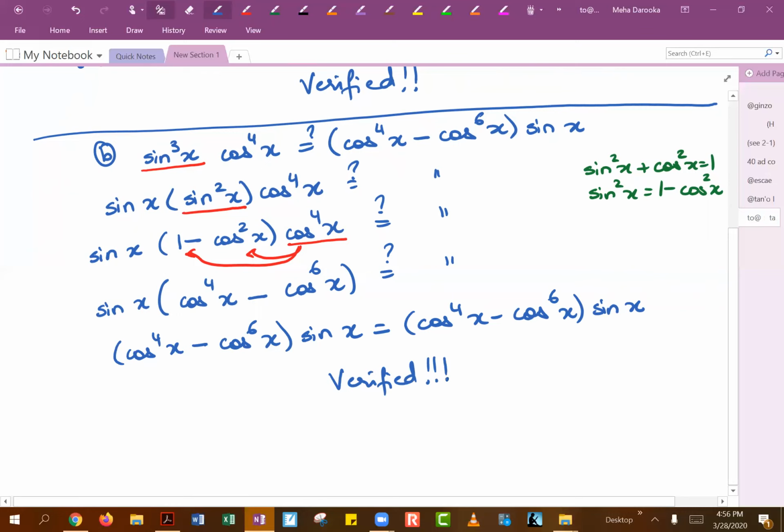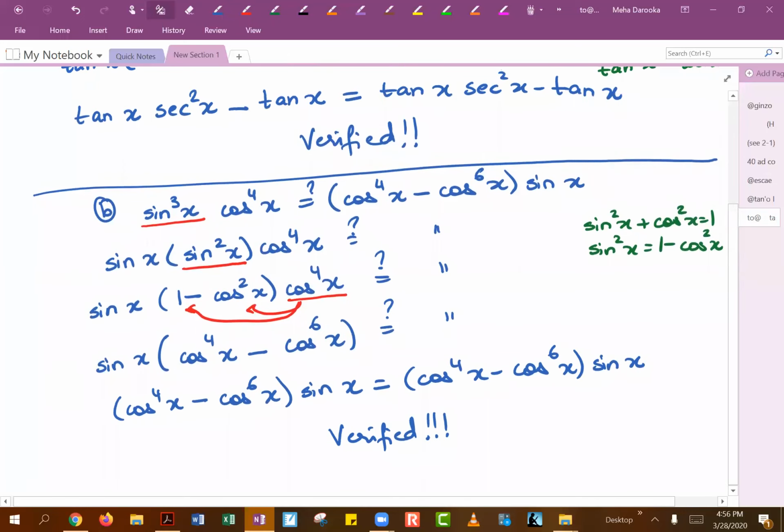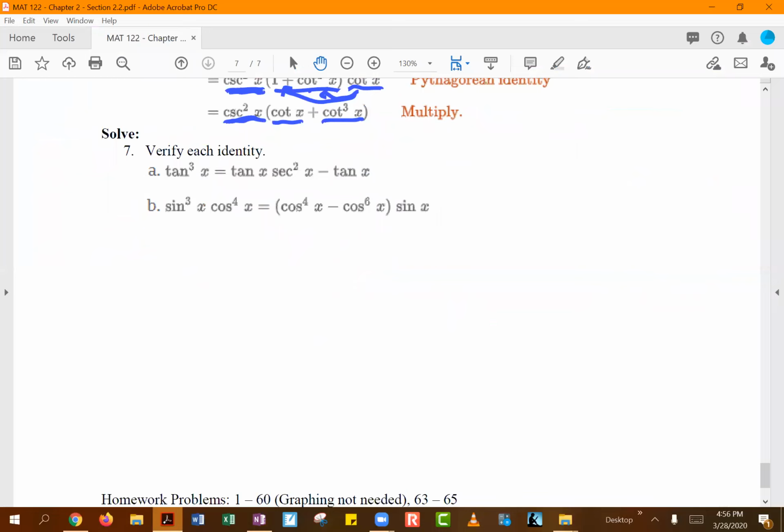So the left-hand side will match exactly the right-hand side. And there you go. That's all you have to do for this 7B of our problem here.